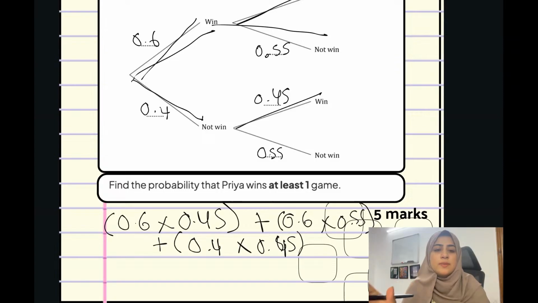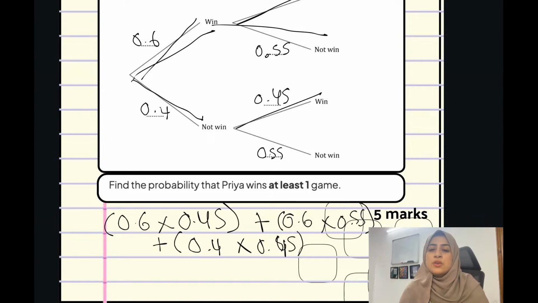So you can times each different way that you could potentially do this. So one way is if you do 0.6 times 0.45. Another way is if you do 0.6 times 0.55. And the last way is if you do 0.4 times 0.45.